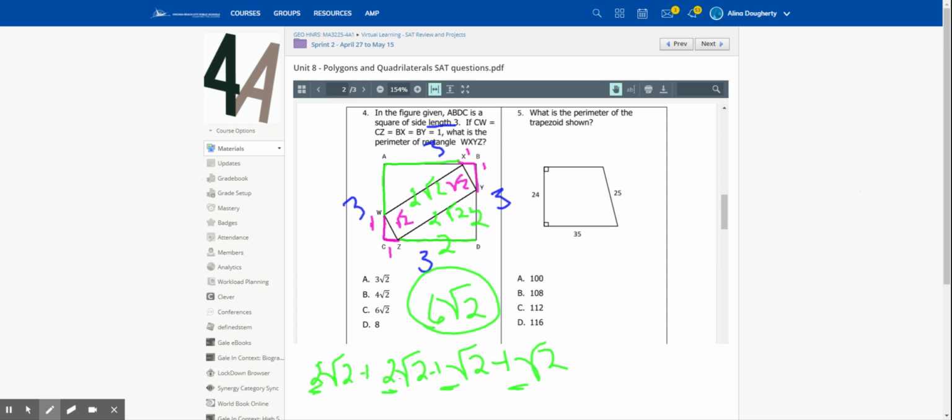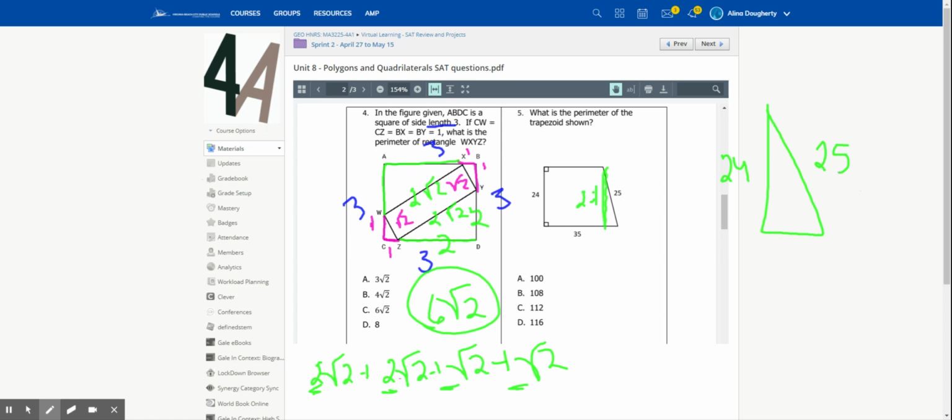What is the perimeter for the trapezoid shown below? I've got a right trapezoid, which means if I drop this vertical line straight down, that's going to turn into a rectangle on the left and a right triangle on the right with a height of 24. So if I redraw that right triangle, I've got a 24, 25. This is a Pythagorean triple.